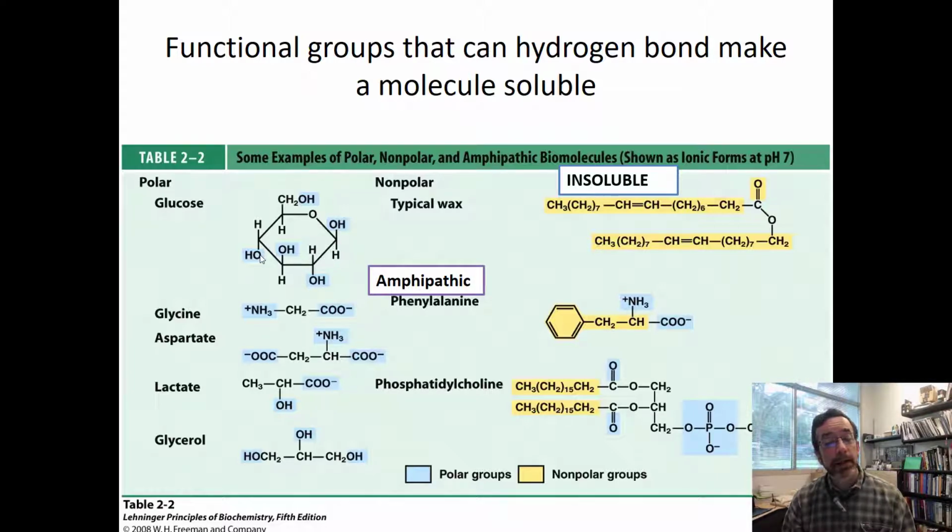So phenylalanine is an example of an amino acid that is amphipathic. Phosphatidylcholine is an example of a triacylglyceride, or this actually is a membrane lipid. It's a lipid molecule that has 2 fatty acid chains that are not soluble, but then it has a phosphate head group that is very soluble.